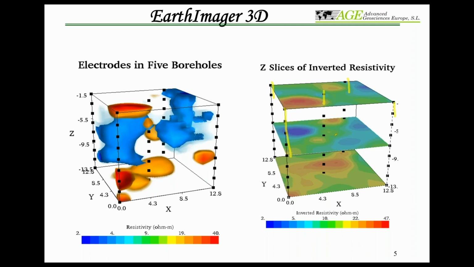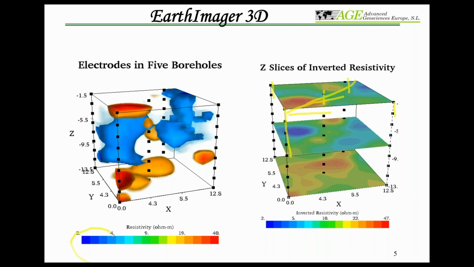You can make vertical slices, horizontal slices, or cross slices along diagonal directions. Or you can do volume rendering here, and highlight whatever interests you.